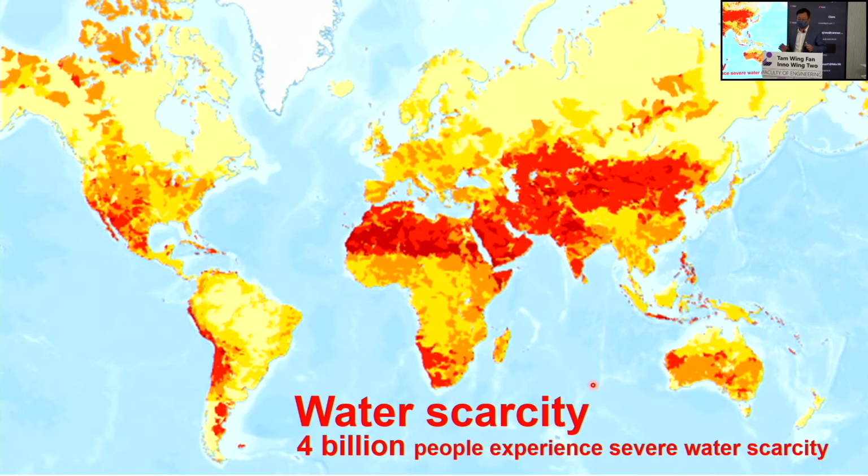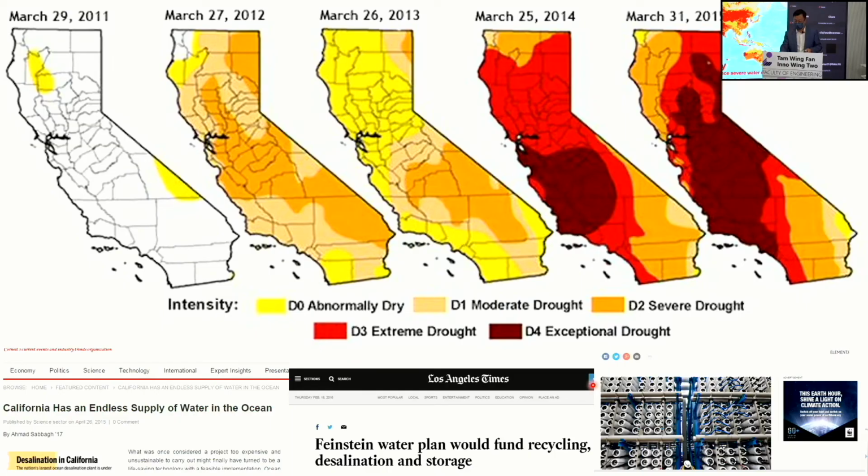About 4 billion people experience at least 1 month of water scarcity in a year. And climate change further adds more uncertainties. So how can we deal with it?